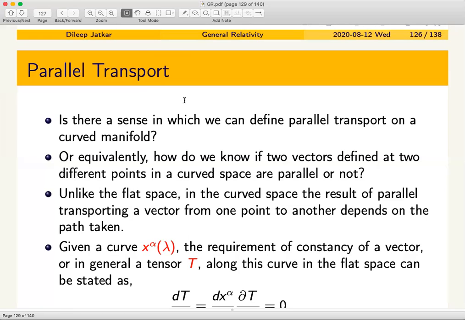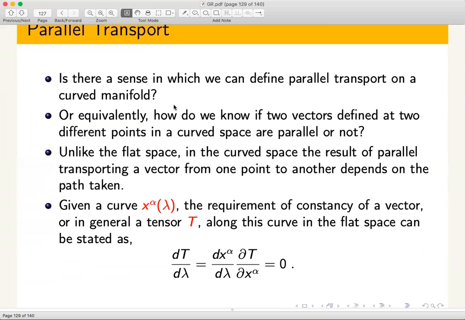Either you parallel transport a vector from one point to another, or you give a notion which will tell you how to compare two vectors defined at two different locations and tell whether those two vectors are parallel or not.